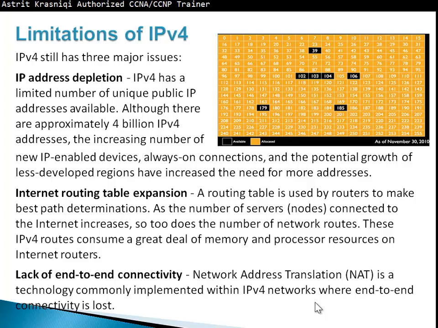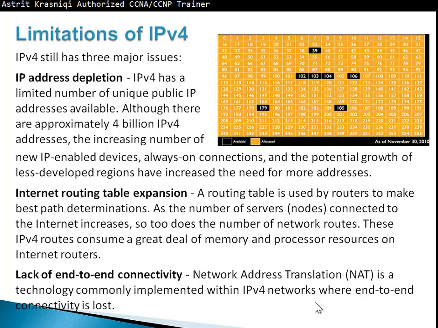And lack of end-to-end connectivity. Now, inside my house, I have at least around 10 devices that need an IPv4 address. Those devices all have a unique IPv4 address, but it's not a public address, it's a private unique IPv4 address. If I need to go to the internet, to the public network, all my devices will be translated into one public IPv4 address, which I paid for.